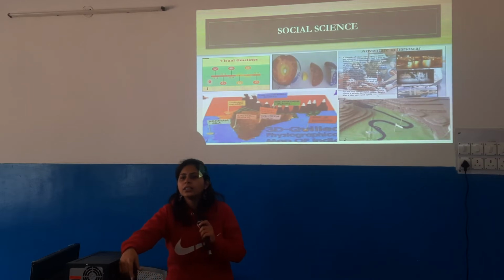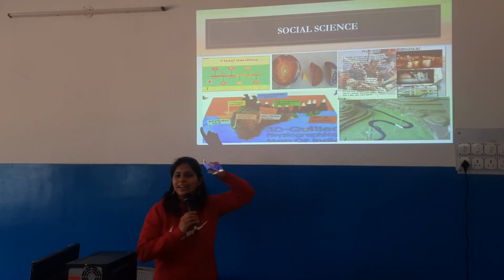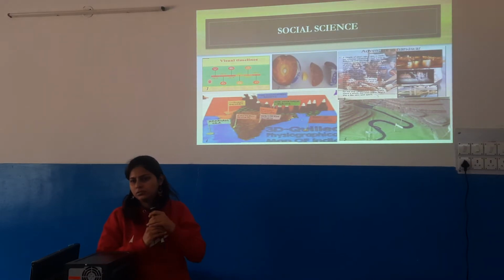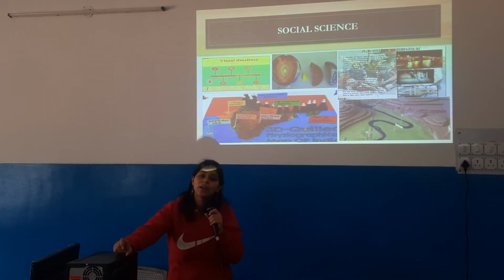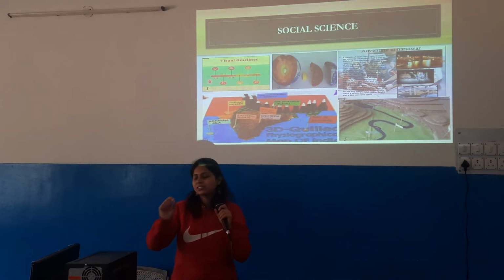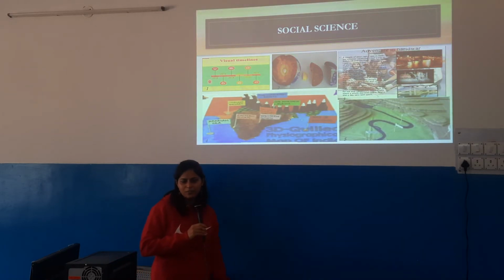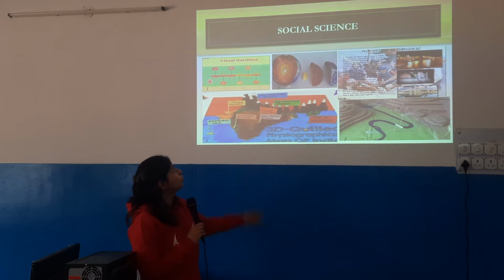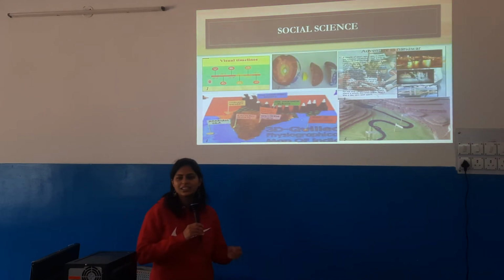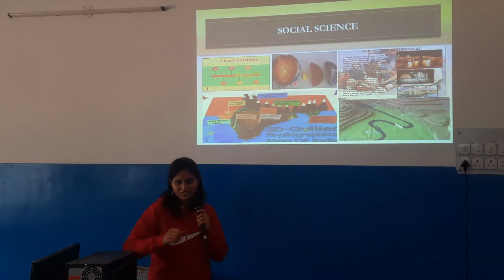What has been done? The timeline, the dates have been well attached with a cartoon or a character related to that event, which makes learning very interesting for the students, because again, this is a common line used by students. History, dates, teacher, impossible to learn. So this is a small initiative taken by the teacher and the students together to make history interesting as well as integrating it with art at different stages.